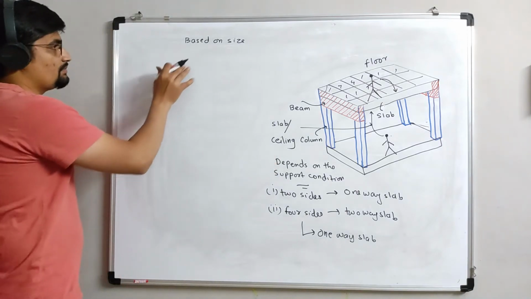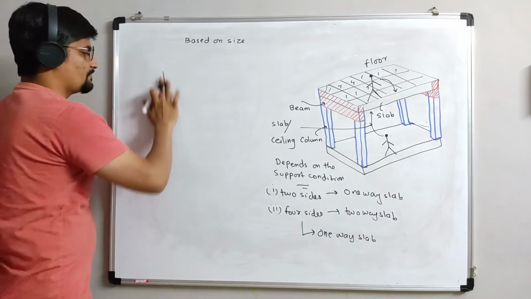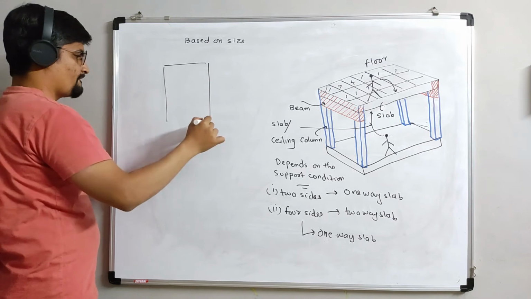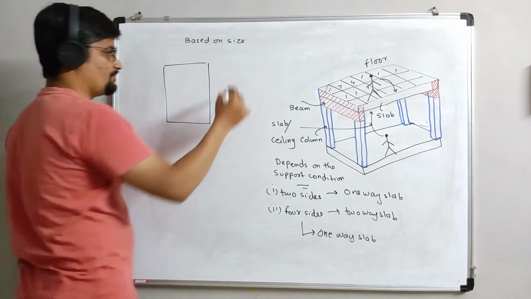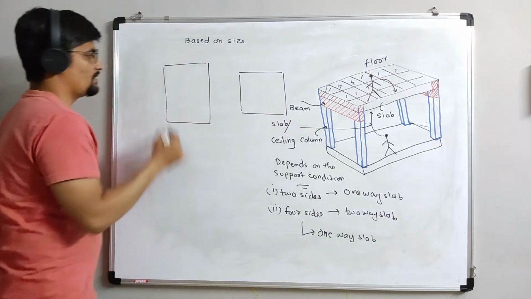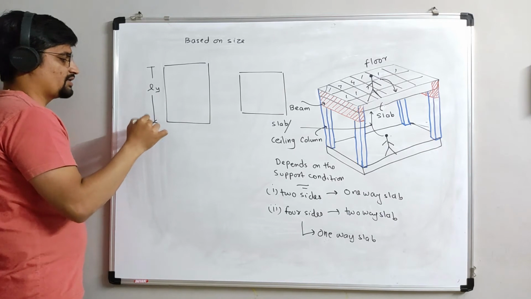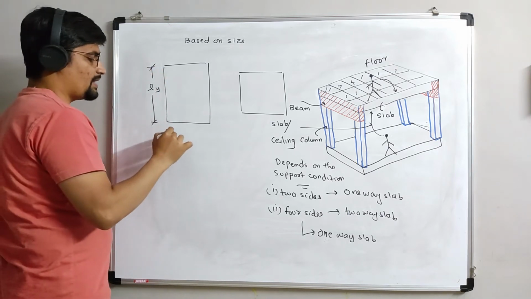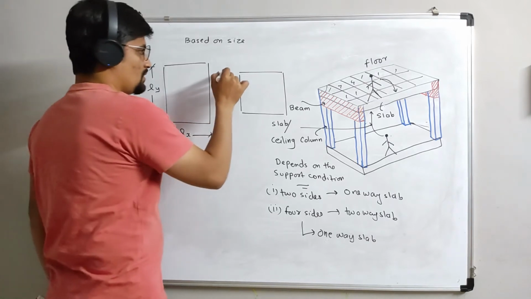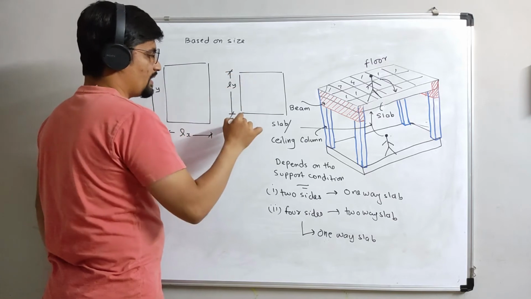So I draw two slabs in 2D plan. This one is a slab. This one is also a slab. This is Ly, meaning length in the y direction. This is Lx, meaning length in the x direction. This is also Ly and this is also Lx.